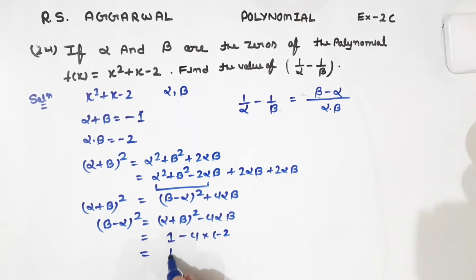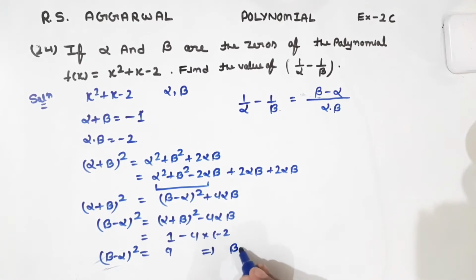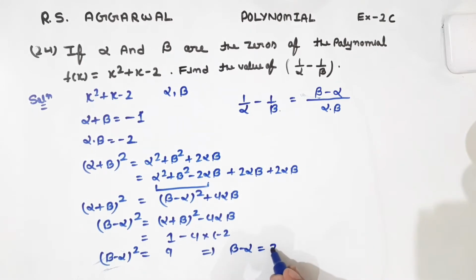So this will be equal to 9. So beta minus alpha whole square will be equal to 9. So from here beta minus alpha will be equal to 3. This is the value of beta minus alpha.